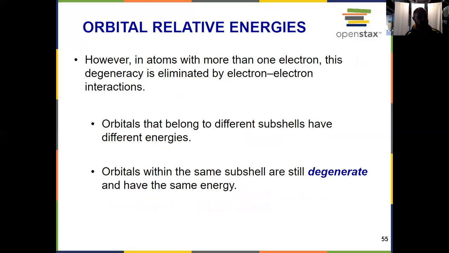Now, if we have multiple electrons, it gets a little trickier because we also have those electron-electron interactions to account for, one of the things the Bohr model did not. But as long as I'm within the same subshell, it's still containing the same energy. But now if I change the letter, they have different energies.